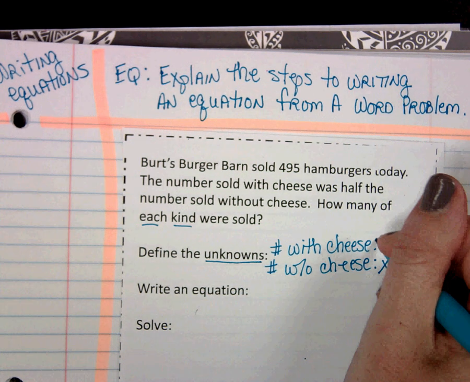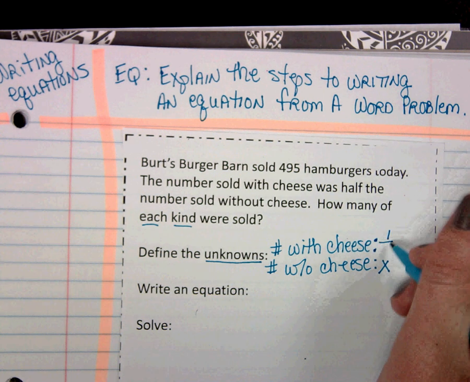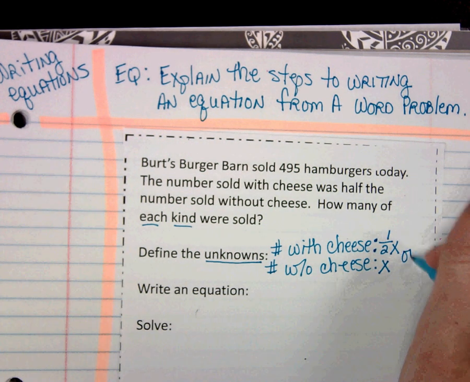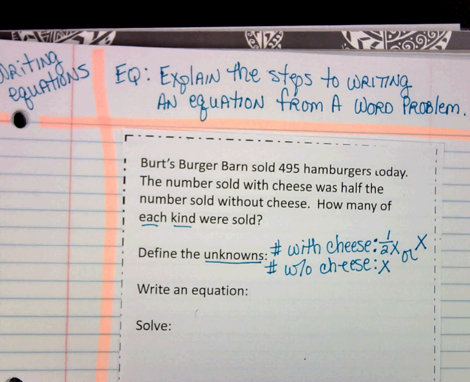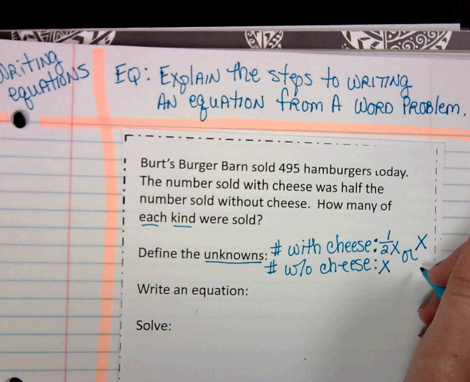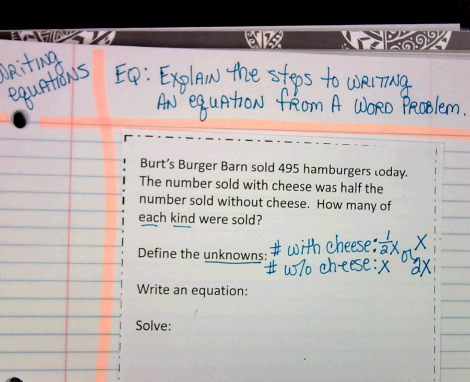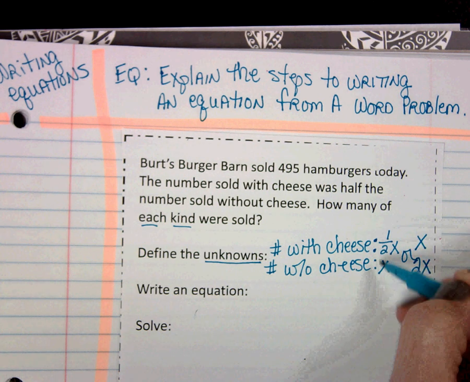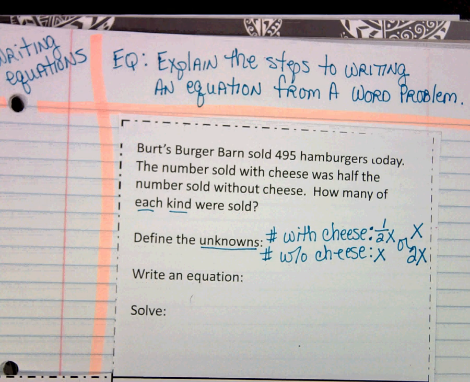So if with cheese is half of without cheese, then I'm going to call it 1/2 X. Another option, which may be easier, is to say that with cheese is X and without cheese is 2X. I'm going to go ahead and use the 1/2 X and X just so I can demonstrate something about a fraction that you may have forgotten.